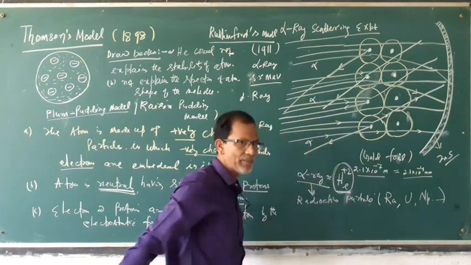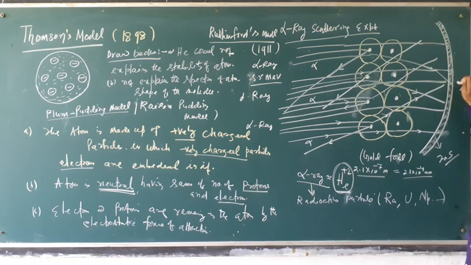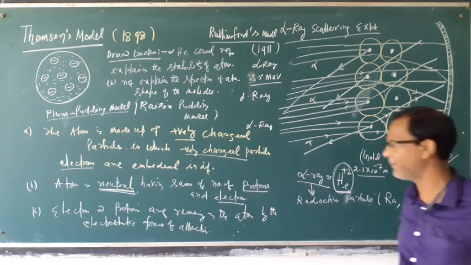We cannot see the ray. But when it passes through the gold foil, it produces light. That's why a photographic screen is used for the identification of the ray.